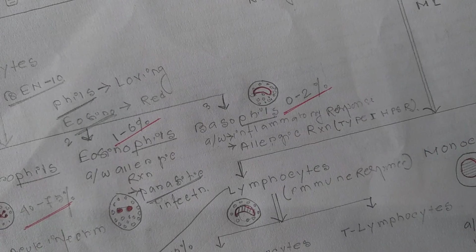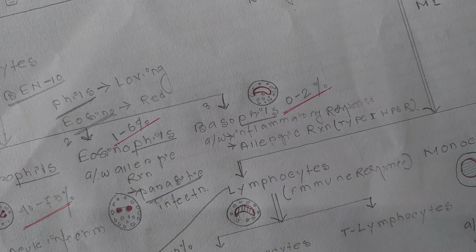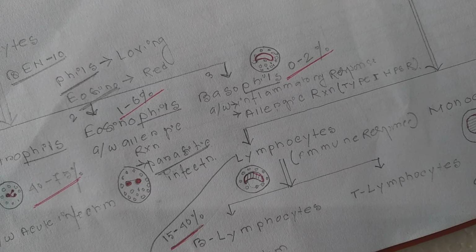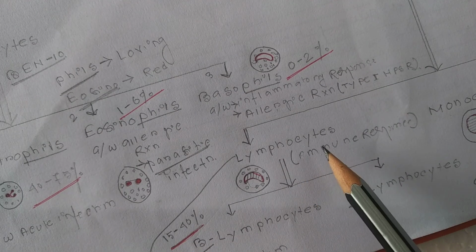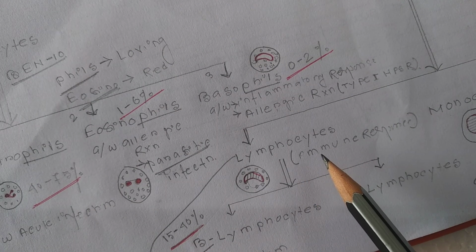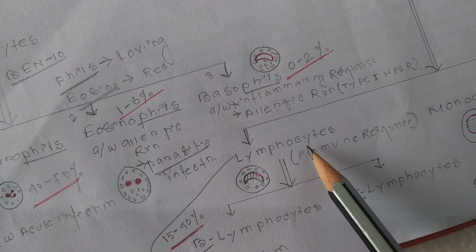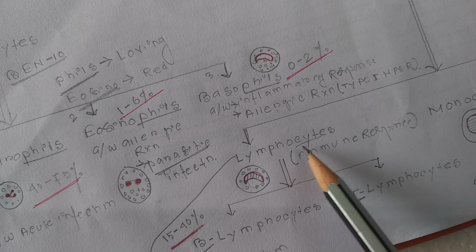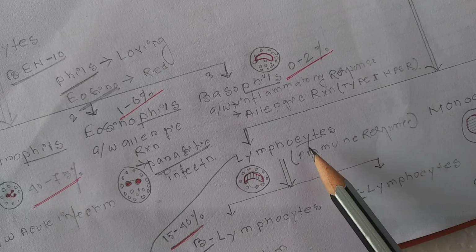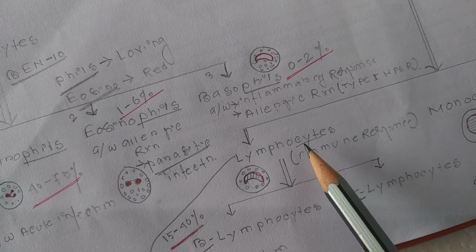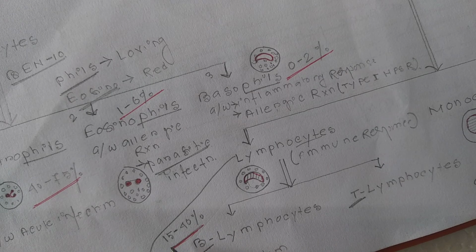Lymphocyte is again divided into two portions: B lymphocyte and T lymphocyte. When an increased number of lymphocytes is produced in our body, that is called lymphocytosis. Cyto means cell, cytosis means increased. The normal range is 15 to 40%.